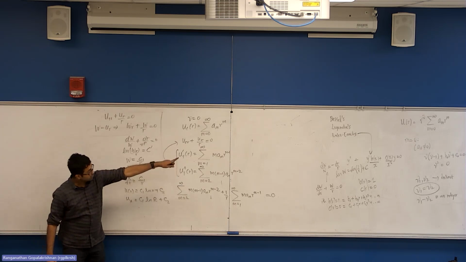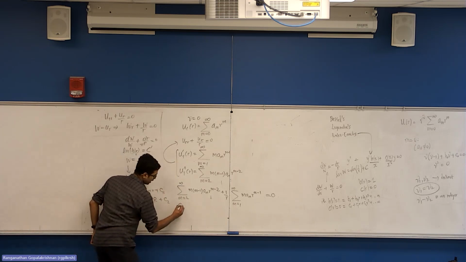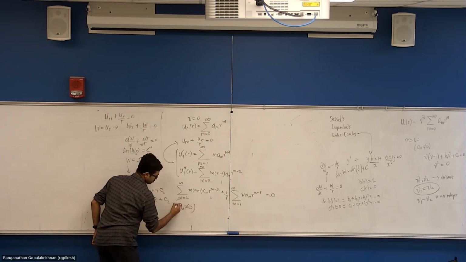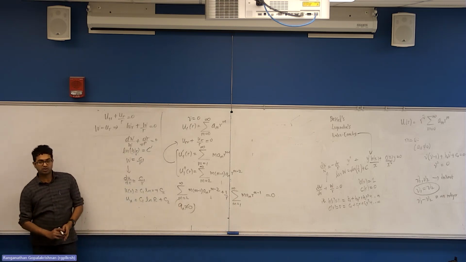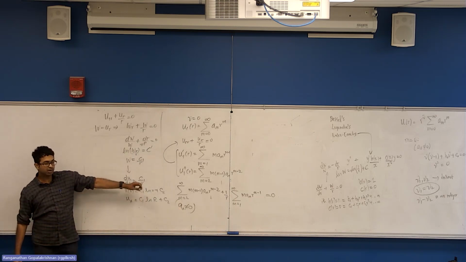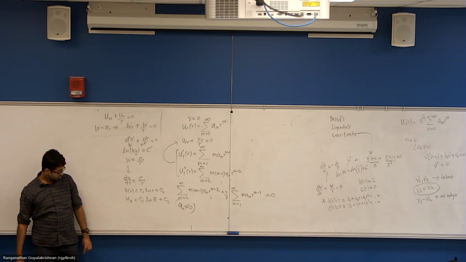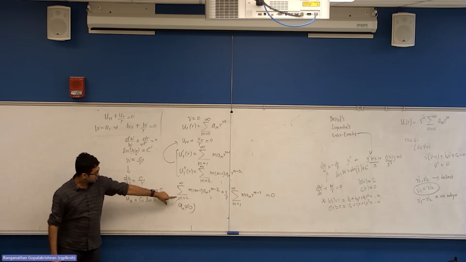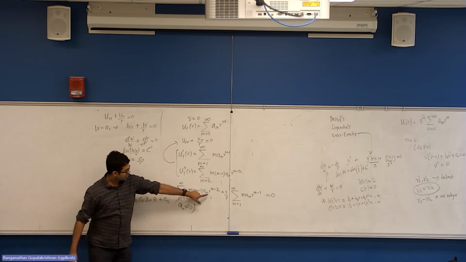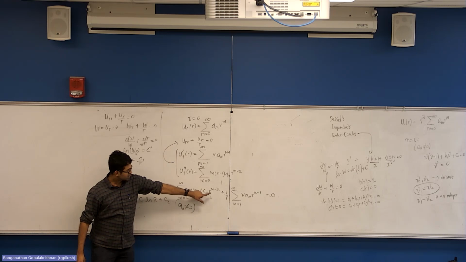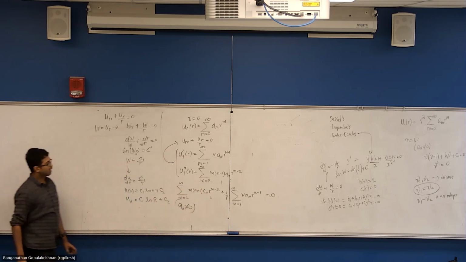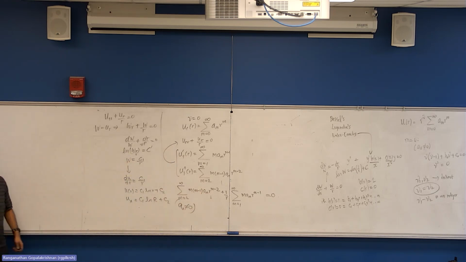One of the assumptions that we made initially is to say a naught is not 0. This series cannot have a naught to be 0, everything else could be 0. Let's consider the powers of r, starting with r to the power 0.